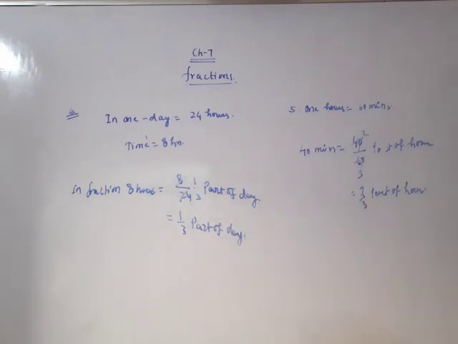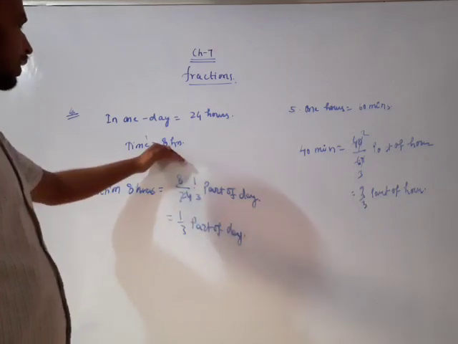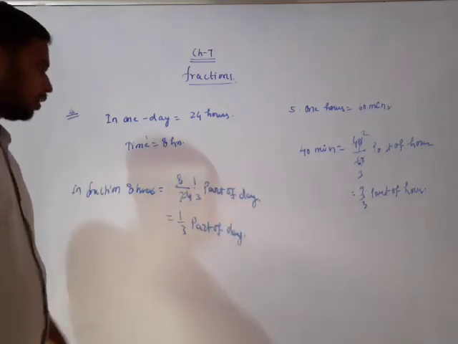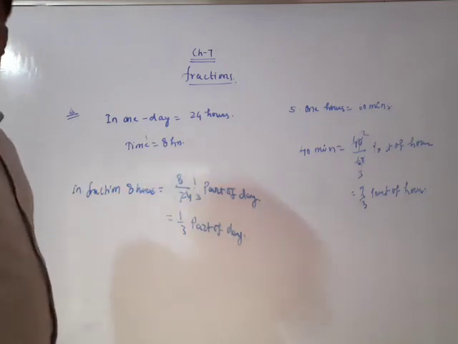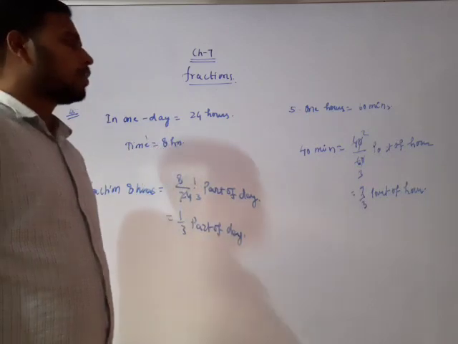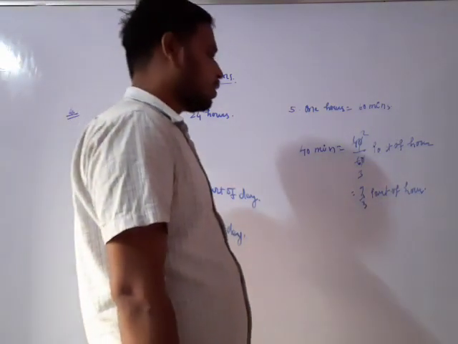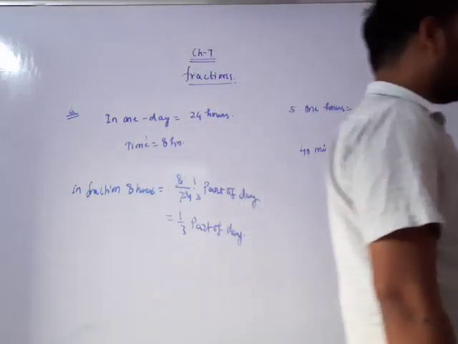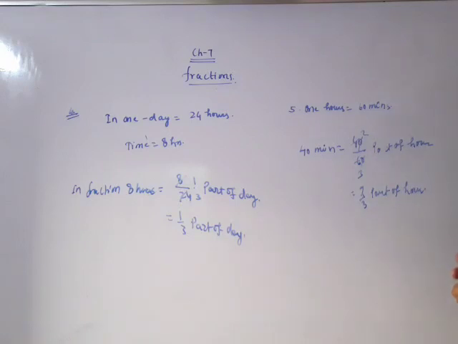In a day there are 24 hours, so 24 will come in the denominator and 8 hours in the numerator. So 8 upon 24 is 1 upon 3 part of the day. Now coming to the next, what part of an hour is 40 minutes? In 1 hour there are total 60 minutes. So 40 upon 60 is 2 upon 3 part of an hour.